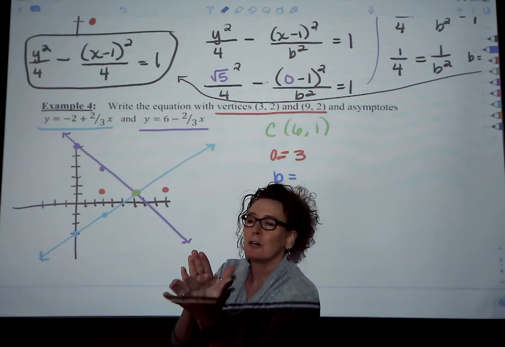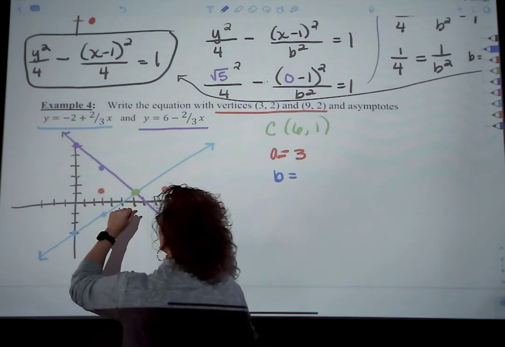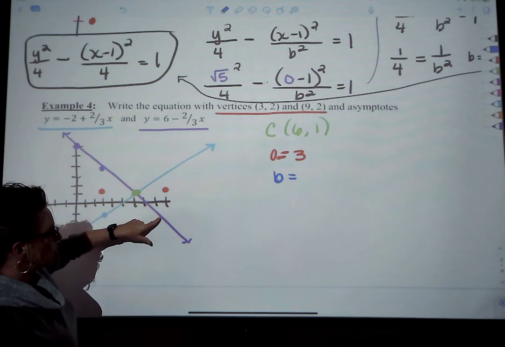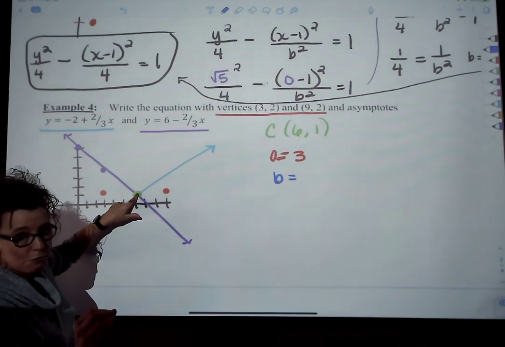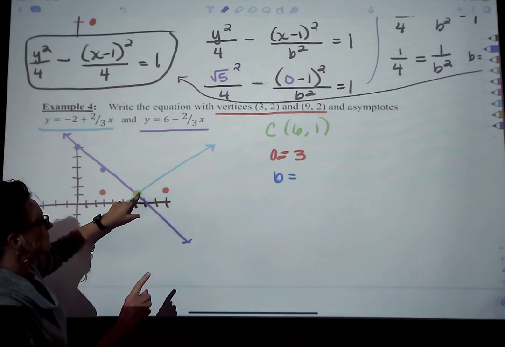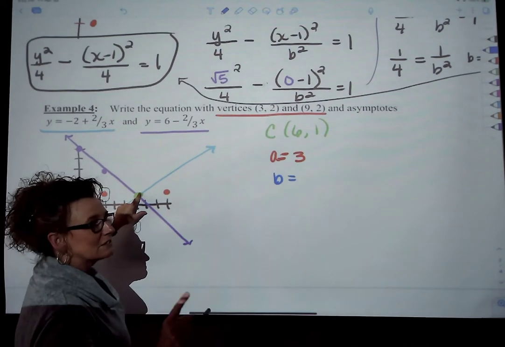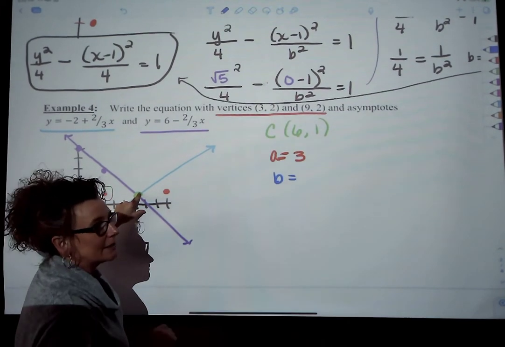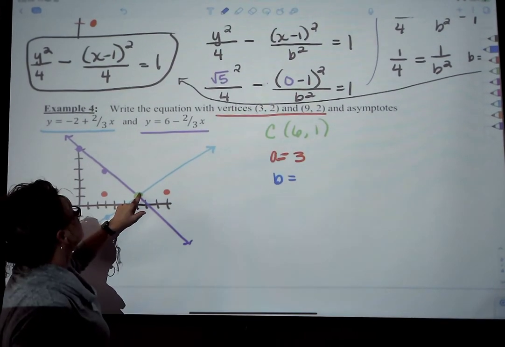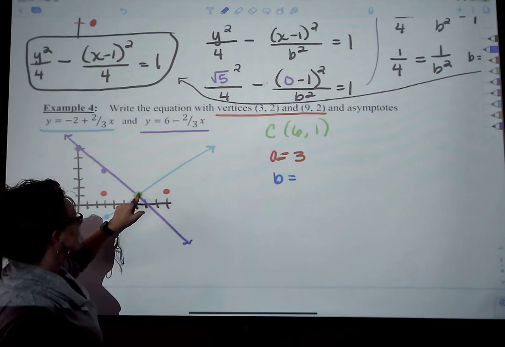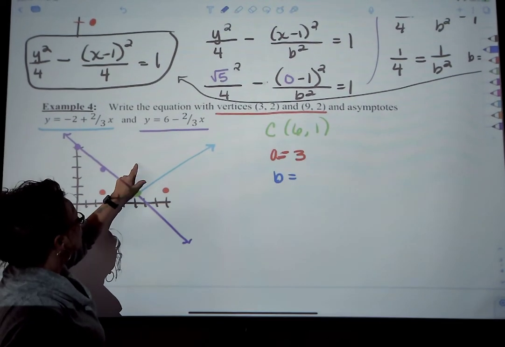And your asymptote passes through the center. So, here's the center. See how the purple line and the blue line both pass through the center? Watch. What's the slope of the blue line? Positive 2/3, right?